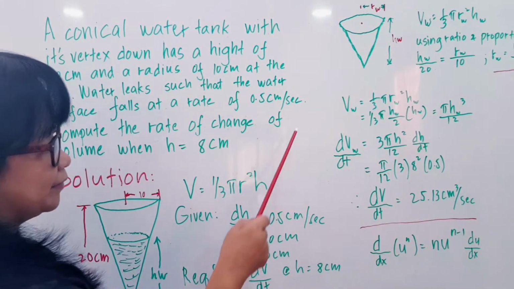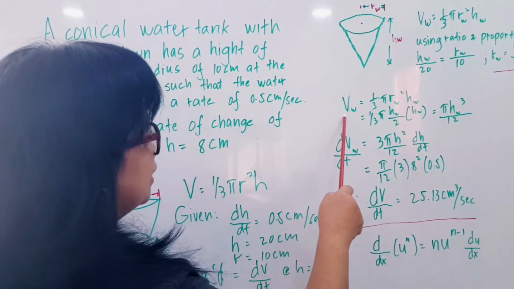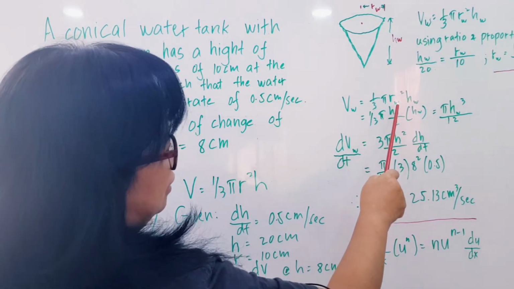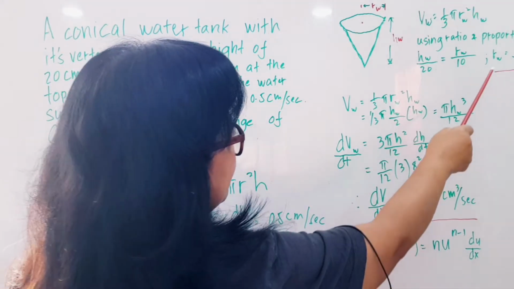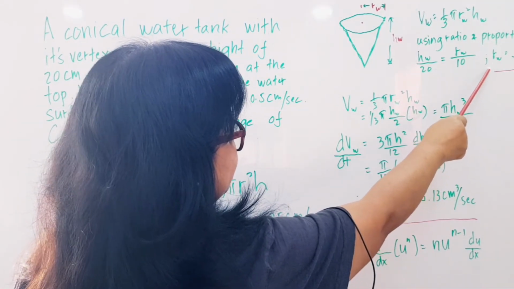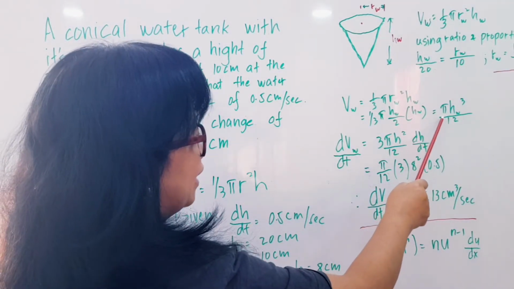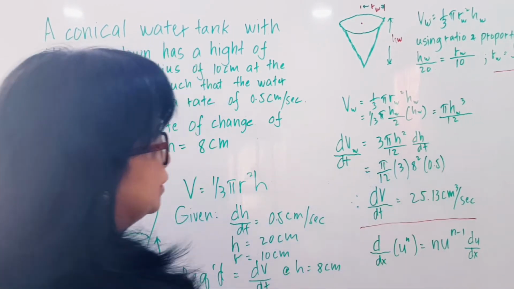Ngayon, dito sa volume ng halimbawa, hanapin natin ang volume of water which is 1/3 pi r_w squared h_w. Substituting the value of the radius of the water will result to pi h_w cubed over 12, the height of the water.